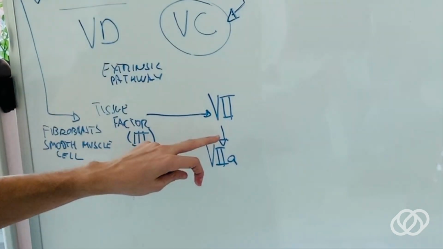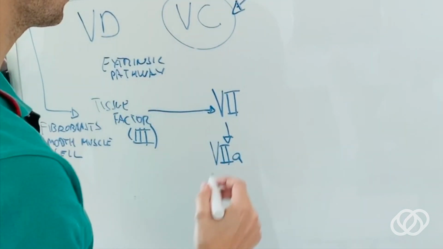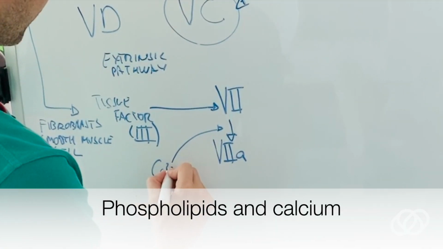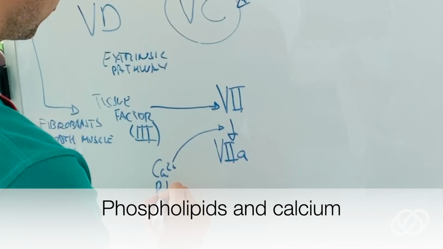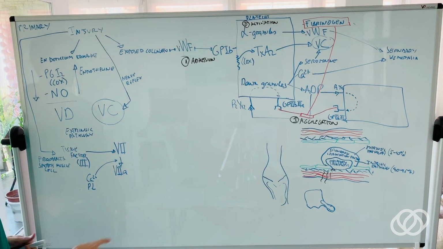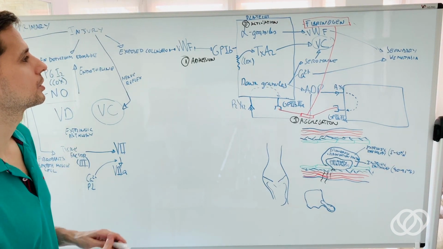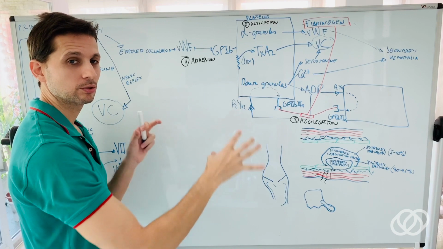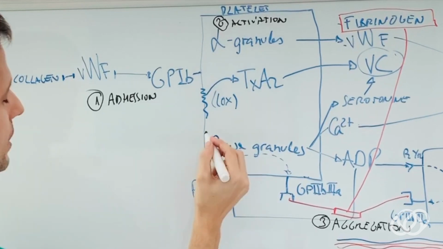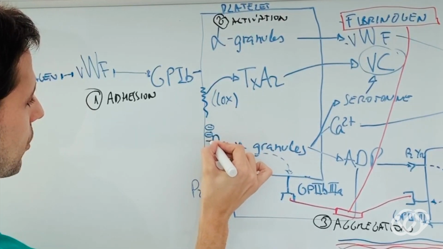We also need for this activation two things that are very important in coagulation, that are both calcium and phospholipids. Calcium and phospholipids are very important for the production of the clot, mainly because calcium allows the different cells to stick to each other. Why? Because usually, take for example this platelet, the platelets and other cells have negative charge inside of the membrane.